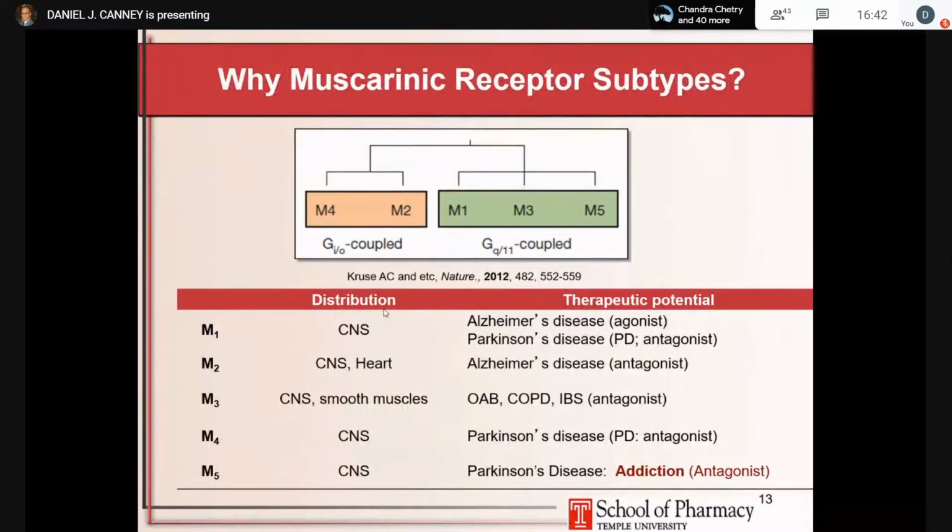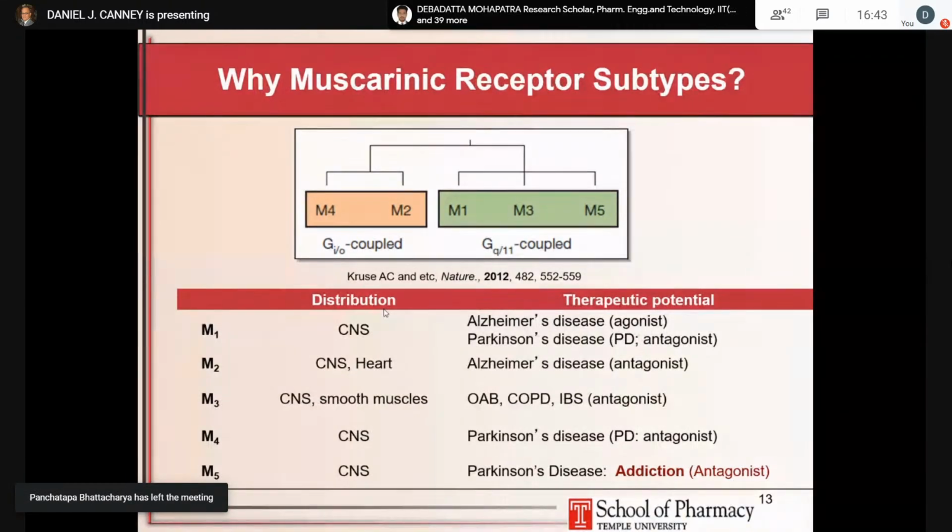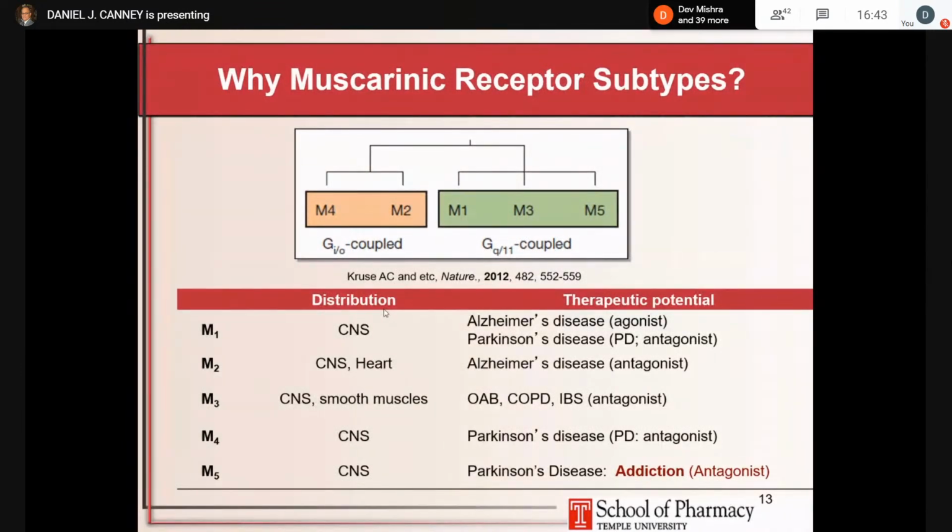So this project began quite a number of years ago when one of my colleagues in the department who is interested in addiction came to me and alerted me to the fact that the NIH had just sent out announcements that they were looking for grant proposals around addiction and whether or not I had any ligands in my laboratory that we could use to write a grant around that topic.